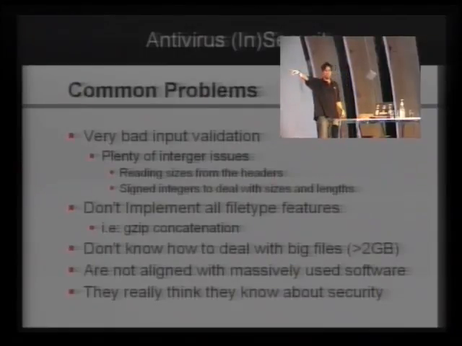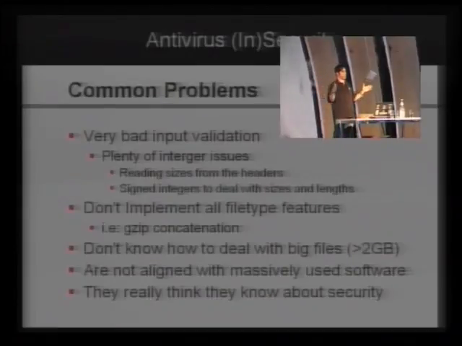This is a very nice one. Actually, this was found by another guy, Pierre, a guy that used to work with me. So basically, he was playing with gzip, and in the specification of gzip, you can actually concatenate different gzip files. So, for example, you do a gzip of a directory or a file, and you do a gzip of another directory or another file, and then you say cat file1 file2, and put the output in only one file.